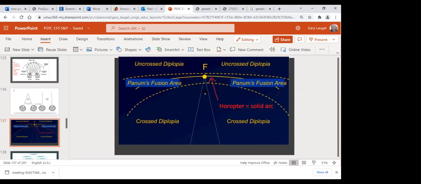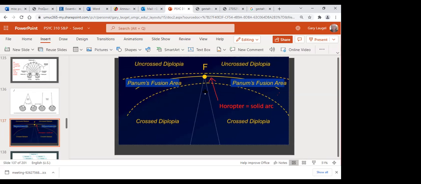Now, keep looking at that far finger. If you close your left eye, you'll find that the right ghost image of the near finger disappears. And similarly, if you close your right eye, then the left image of the near finger disappears.